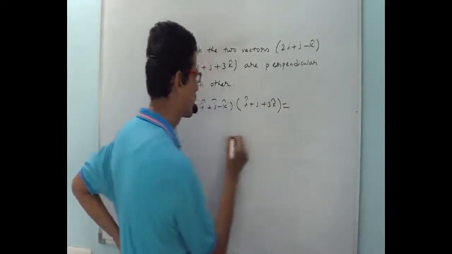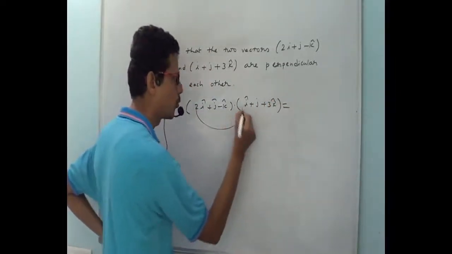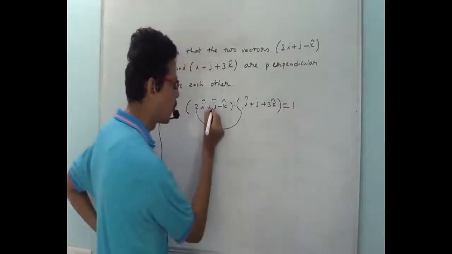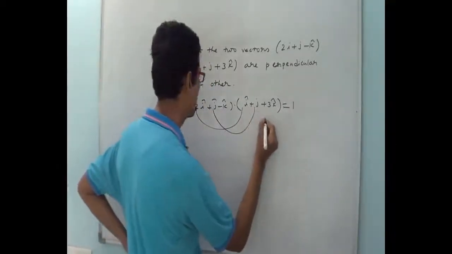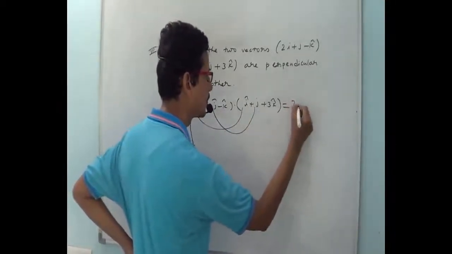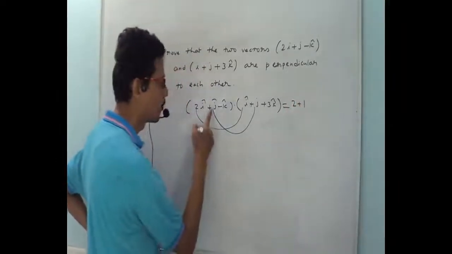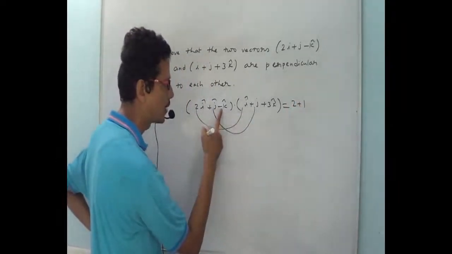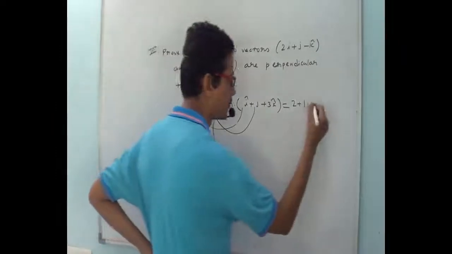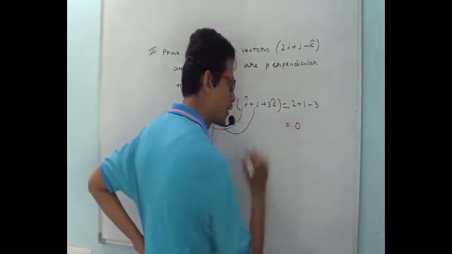What is the dot product of this? Take the components. 2 into 1, 2. 1 into 1 is 1. And minus 1 into 3, minus 3. So you are getting this as 0.